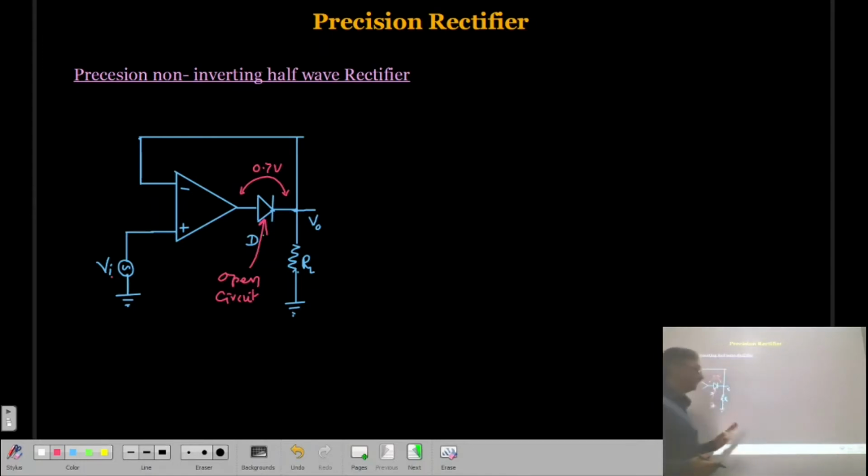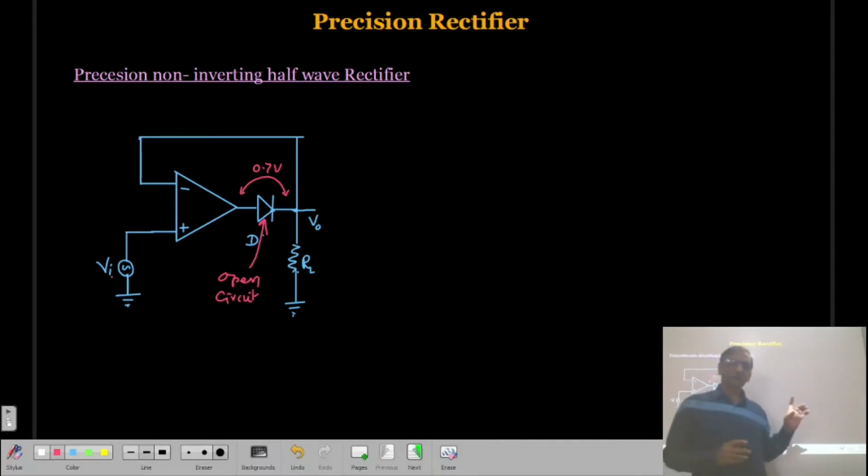In that case, because the D is not conducting, this load resistance RL is also not connected, and there is no feedback to the operational amplifier, so it will work as an open loop gain.